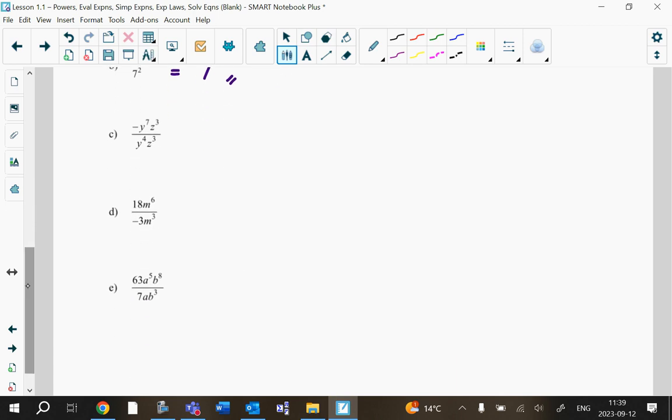This next one, well, I don't have any coefficients, or they're 1 anyway, but I do know my answer is going to be negative because I got a negative divided by a positive. So now just divide the powers of y and divide the powers of z. Well, we get y to the 3rd. What happens to z to the 3rd divided by z to the 3rd?